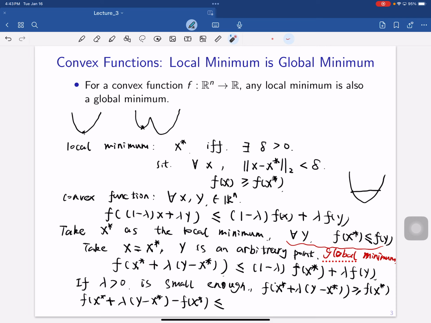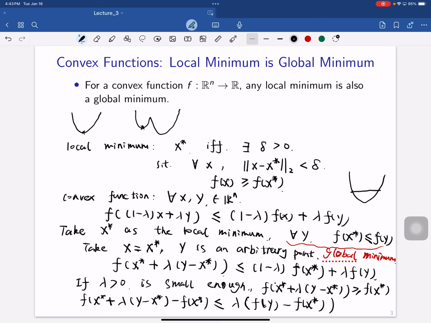Then the right-hand side becomes lambda times f of y minus f of x star, right? This is just very simple algebra.